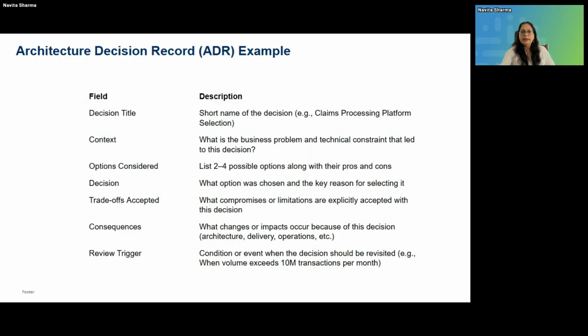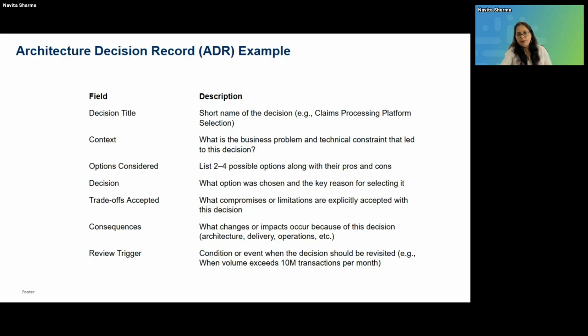No, that's not the right form, right? We should talk about the claim processing platform selection, or lead assignment logic, or customer data sync from X to Y. It should be very descriptive, telling what this document is all about. Then giving a context.